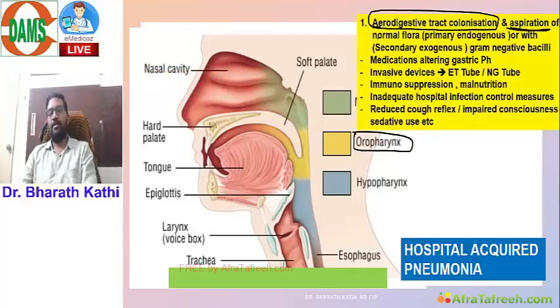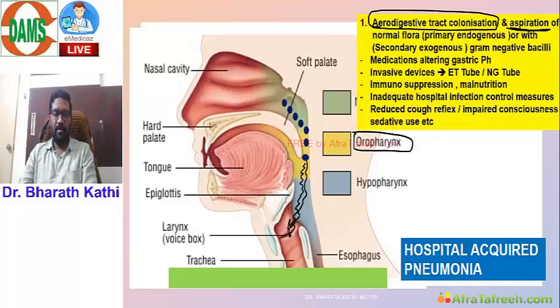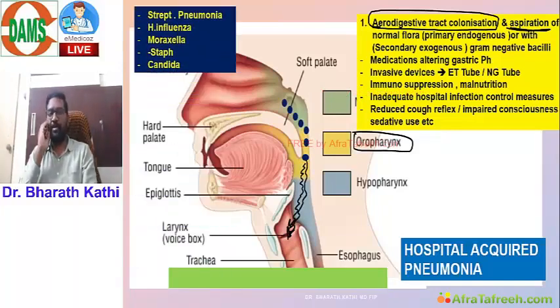It can be either the normal flora. Whatever I am drawing with blue, these are the normal flora. Because of some reason, they can grow excessively and get aspirated into your lung. What are the normal flora residing in your oropharynx?